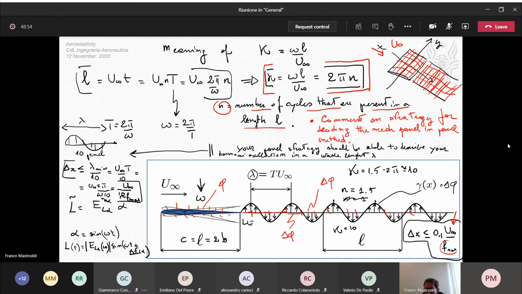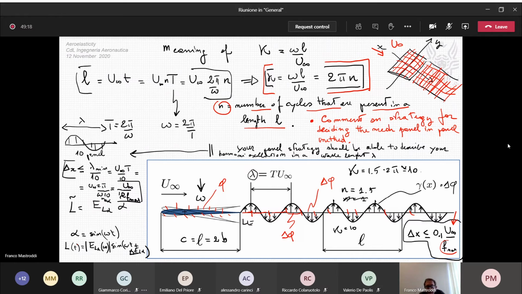Okay, and therefore the space mesh of your phenomena is affected by the frequency you are interested in studying. So the speediness of your phenomenon and the velocity.